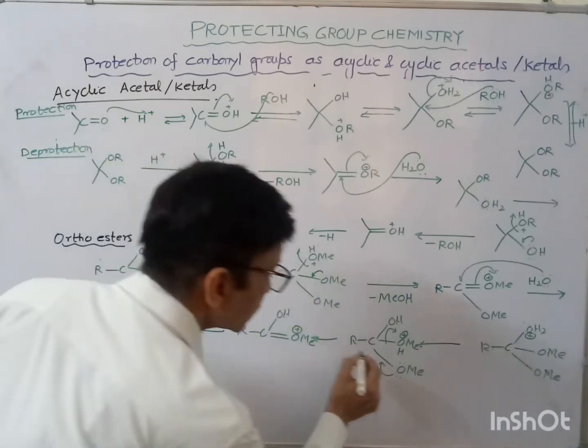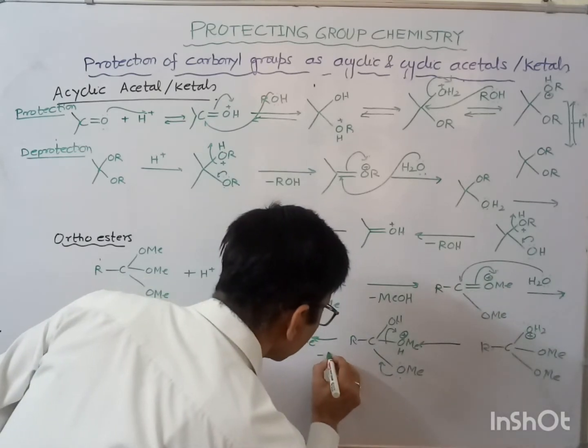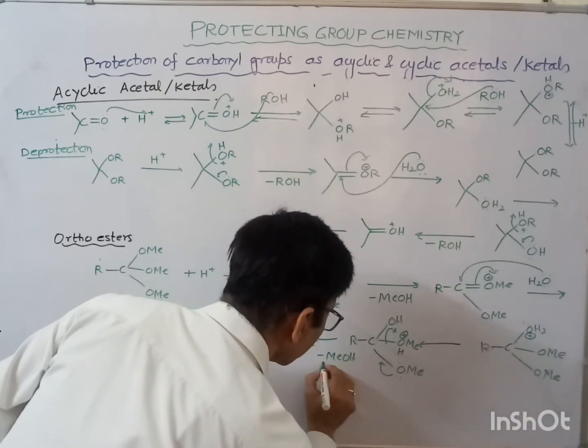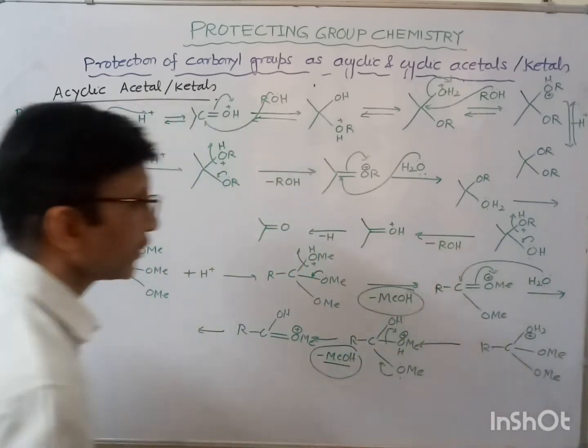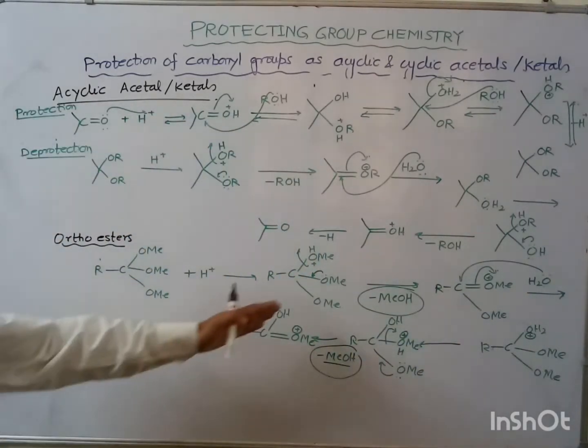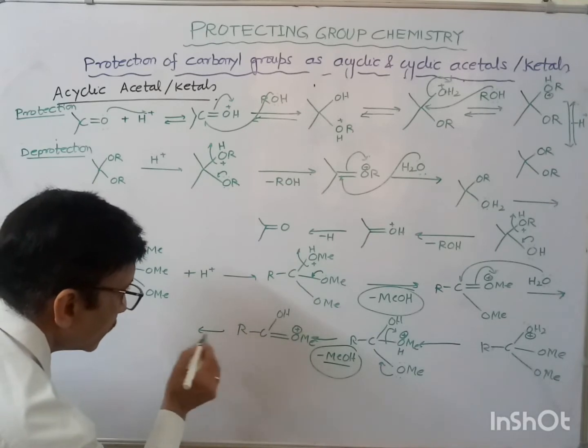Okay, so here another molecule of this alcohol is removed. So this is one molecule of alcohol which is removed, and this is another molecule of alcohol which is removed. So it will protect this carbonyl compound to form an acetal or ketal.